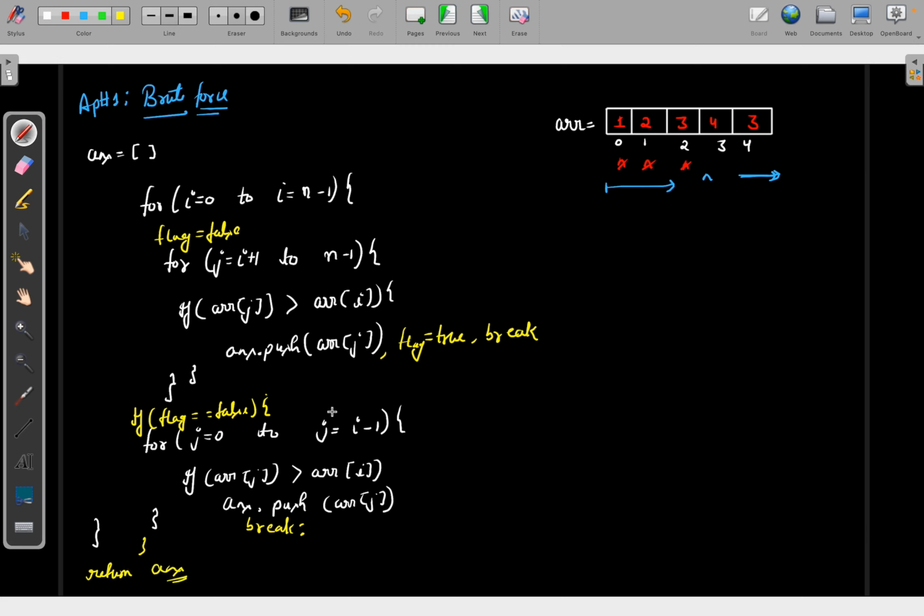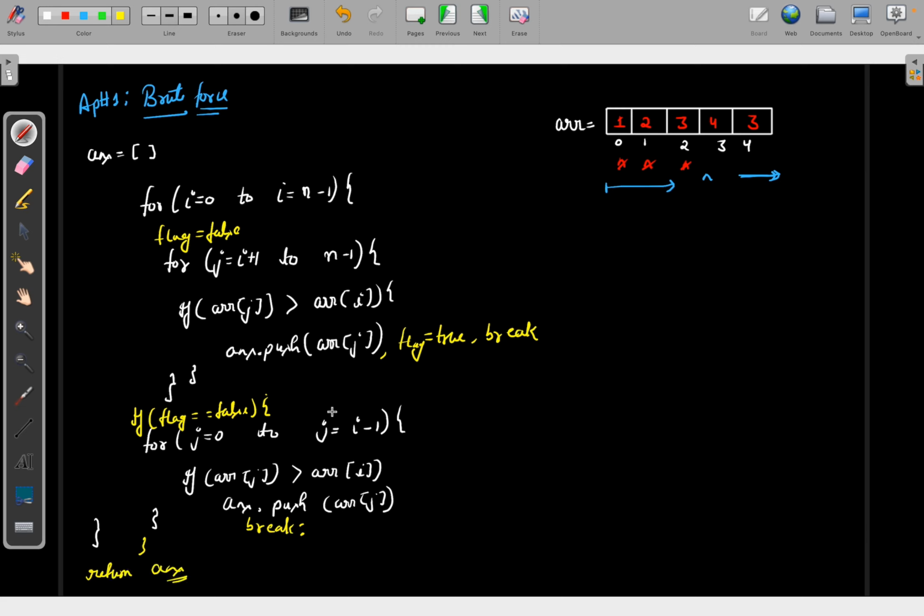In the worst case both will run, so n minus i plus i, which is also a complete n iterations.